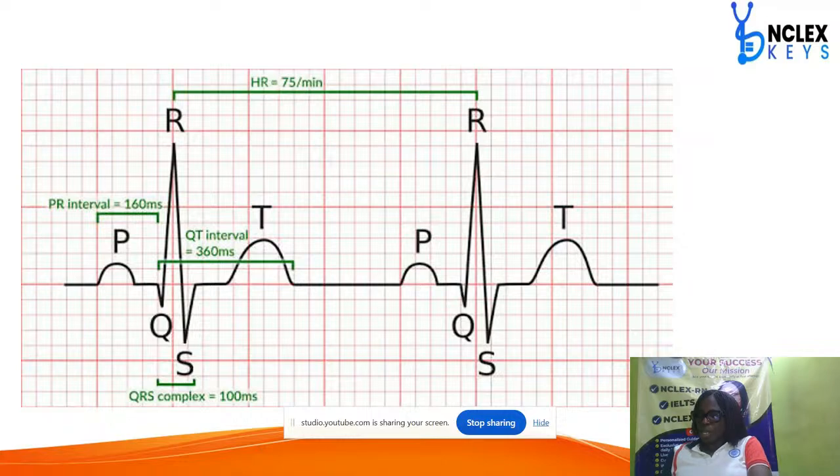Now, you have counted the number of big boxes. You now divide 300 by whatever number you counted. So 300 divided by 4, what do you have?